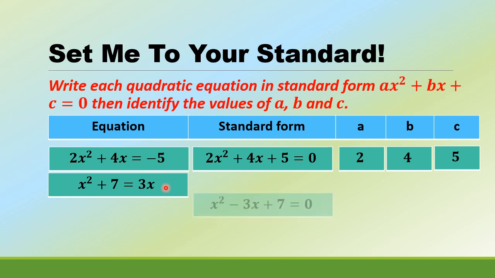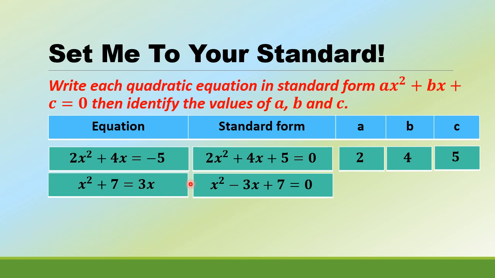Kaya, magiging x squared minus 3x plus 7 is equal to 0. Again, consider ang sign sa tabi ng term. So, anong value ni A? Okay, so that is equal to positive 1. Anong value ni B? Okay, that is equal to negative 3. And ang value ni C, that is equal to positive 7.